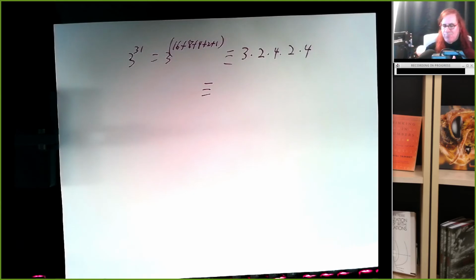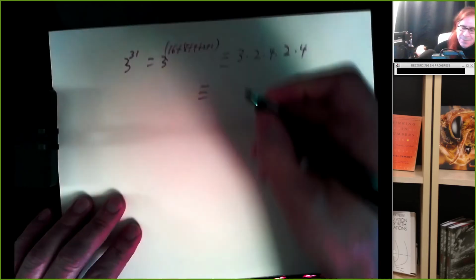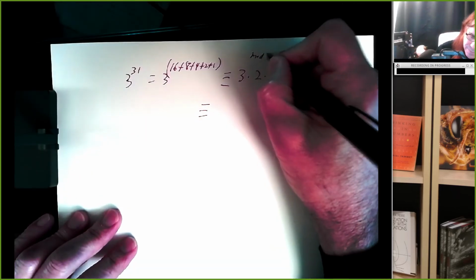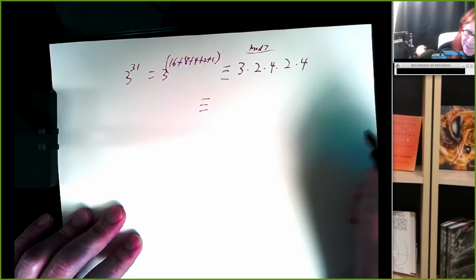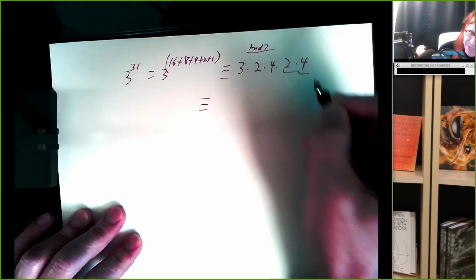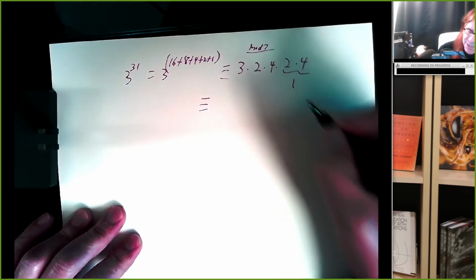And I don't have to multiply all these numbers out and then find the remainder. I'm working mod 7. Well, I can say 2 times 4 is 8, and 8 is congruent to 1.